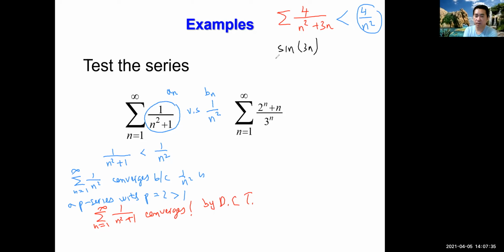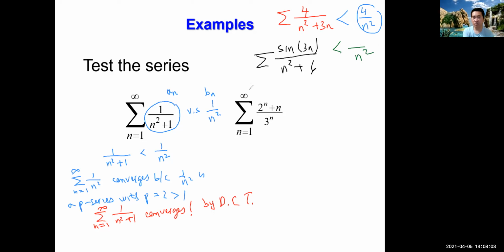Right, so let's say sine of 3n over n squared plus 6. Notice that when you compare, the denominator is actually still the same. You just drop the 6, and then it's going to be over n squared.